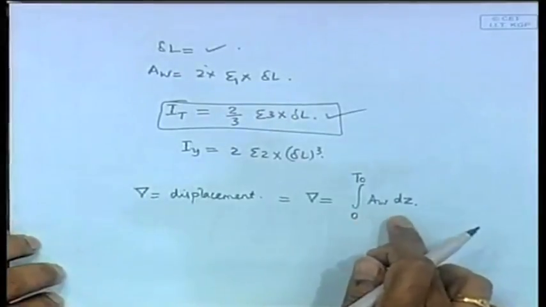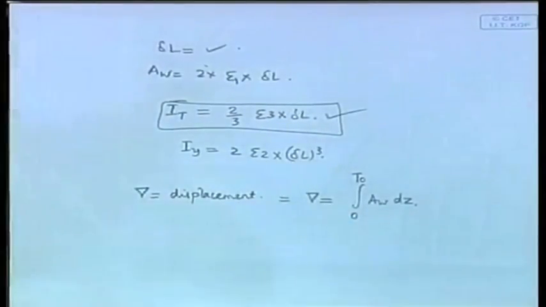AW is the water plane area. So, you have the water plane area at each water plane, and you sum them up, you will get the volume.